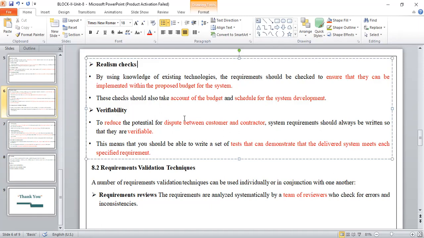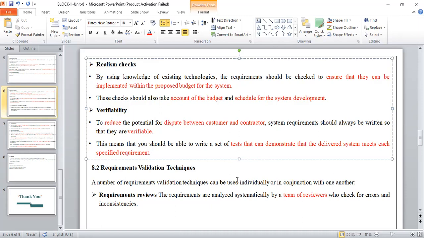The system requirement should be written so that it can be verifiable, to avoid the dispute between the customer, the client side, and the contractor, the development side. It can be verified by writing a set of test cases and demonstrating that the delivered system meets all the specified requirements.